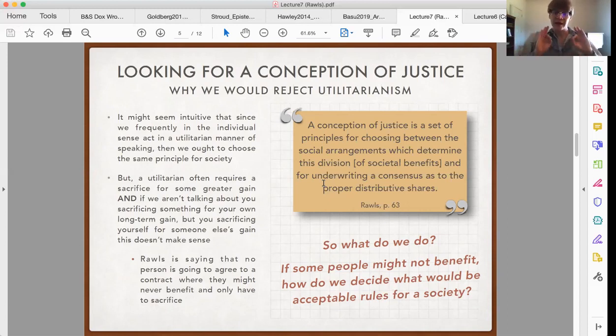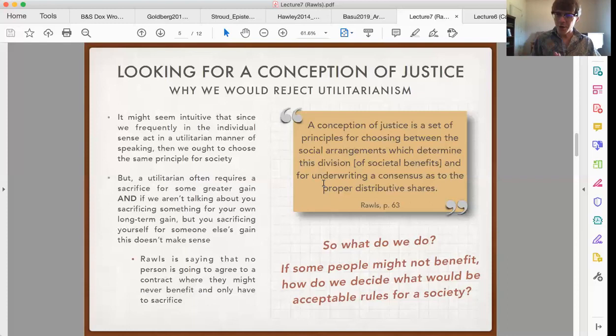He thinks that even though that might be a plausible moral theory, we don't need to structure our institutions, our government bodies, as a utilitarian structure, because sometimes utilitarianism is going to demand that we kill somebody in order to optimize the good. If it's better for all of us that somebody's dead, we've got to kill that person. But that person isn't going to consent to that kind of social structure, right?